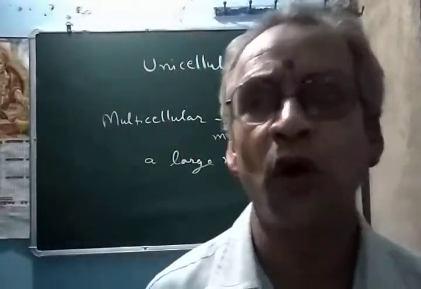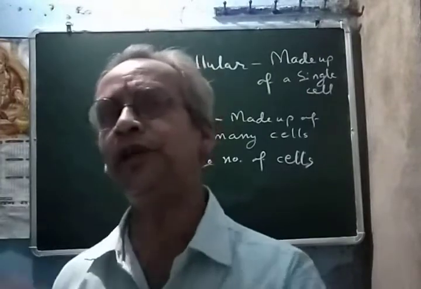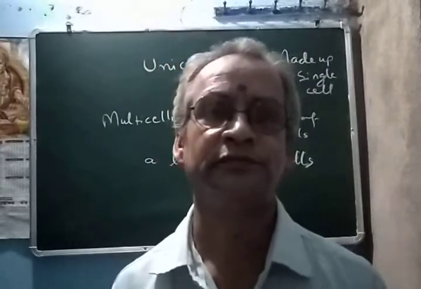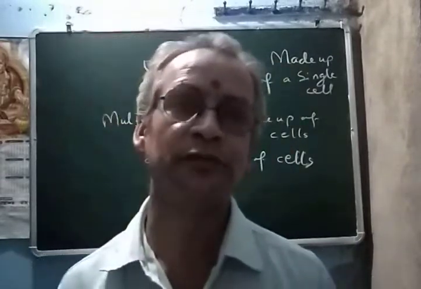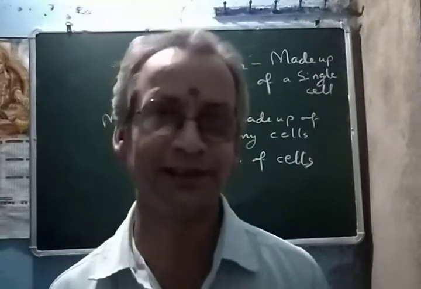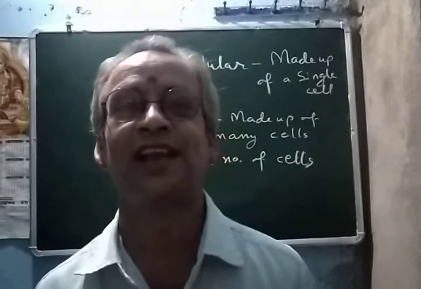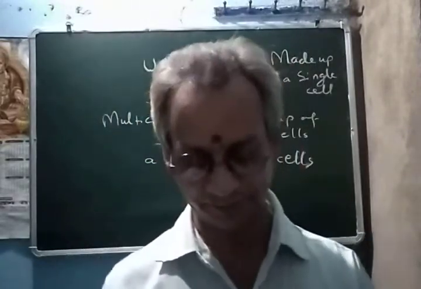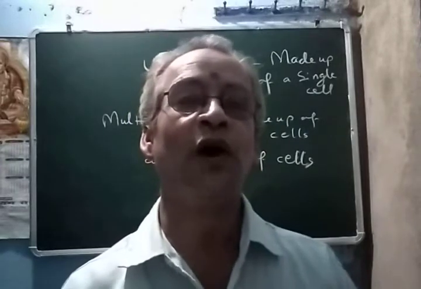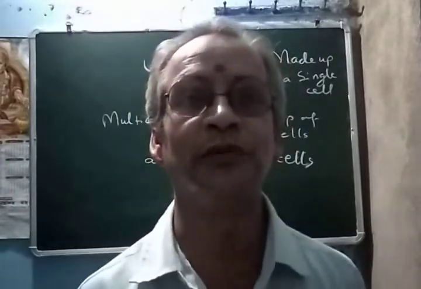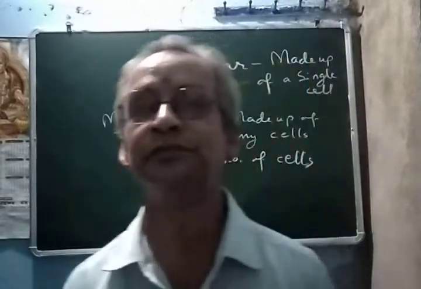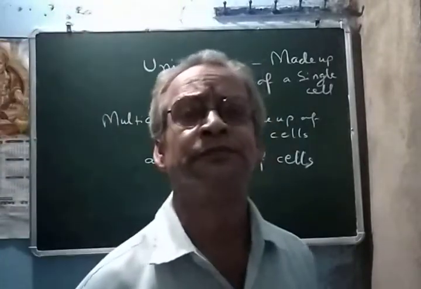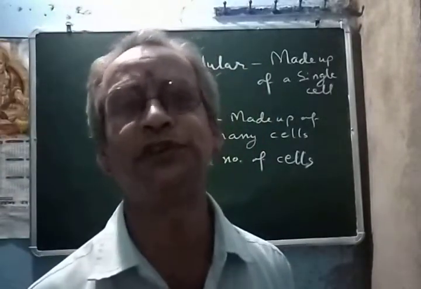Thus, an organism may be made up of many cells. They are called multicellular organisms. And some organisms, which are also called microorganisms, are made from a single cell, which are also called unicellular.